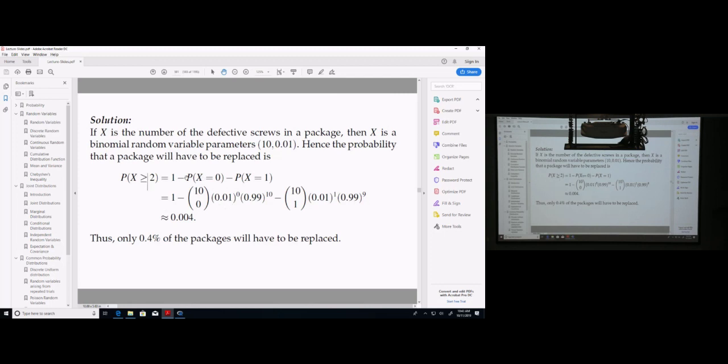It is easier to do the opposite of the problem. The opposite is either 0 or 1, so your calculation is reduced. But of course, if you are using software, it doesn't really matter, all right? So it turns out to be 0.4% of the packages will have to be replaced. So a reasonably small amount.